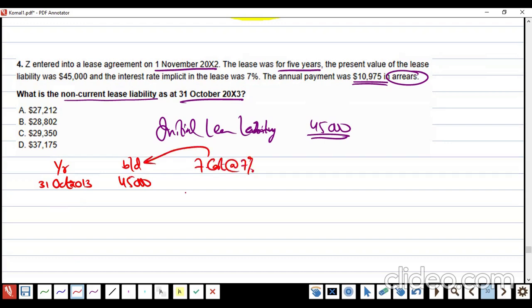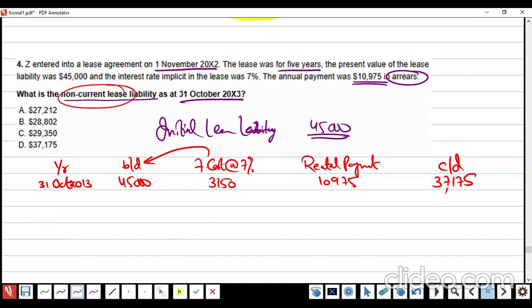Rental payment is 3150, payment is 10,975. We are left with the total liability. We need only the non-current one.